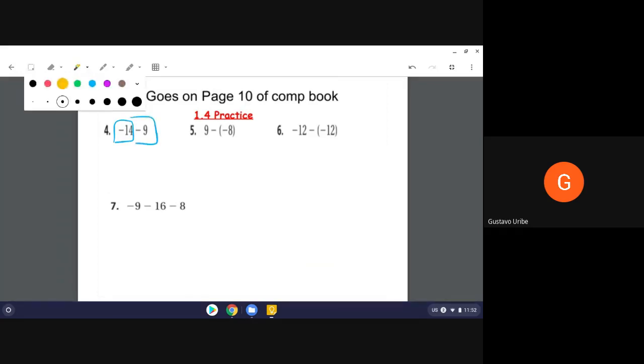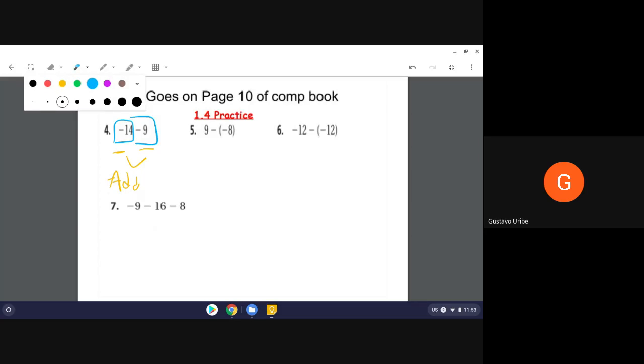This is what I mean by separating. This is a negative 14. This one is a negative 9. They're both negatives, so same signs means I'm going to add and keep the sign the same.